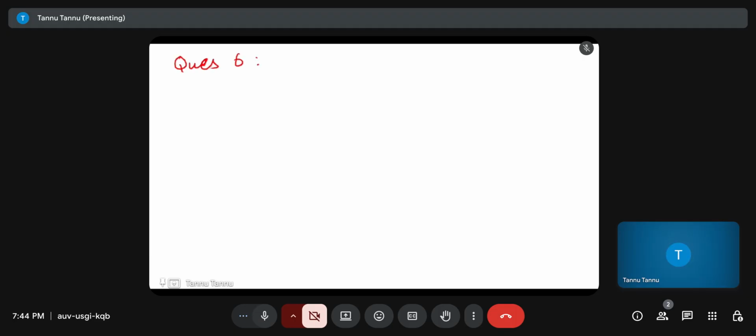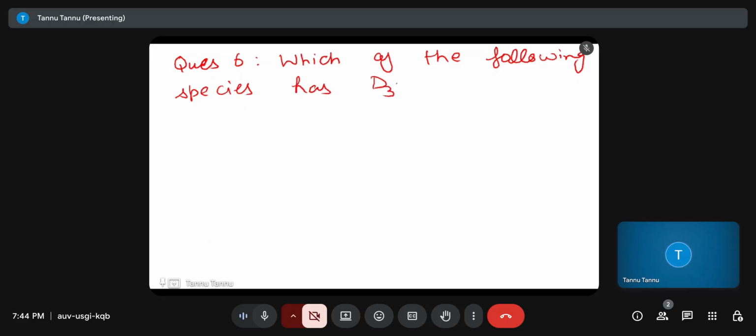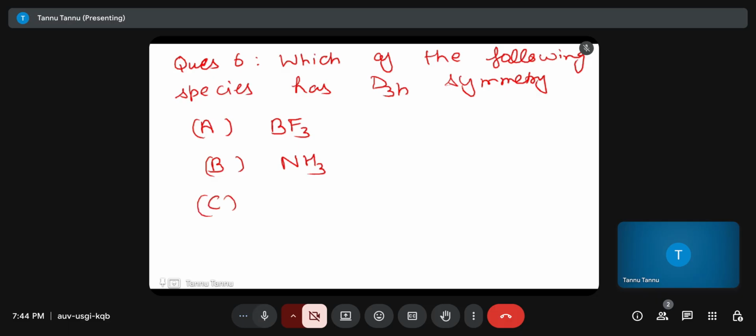Question 6. Which of the following species has D3h symmetry? A. BF3, B. NH3, C. XeF4, and D is SF6.